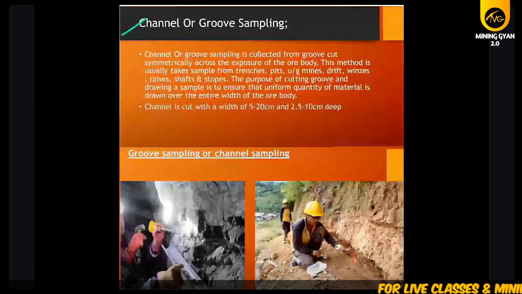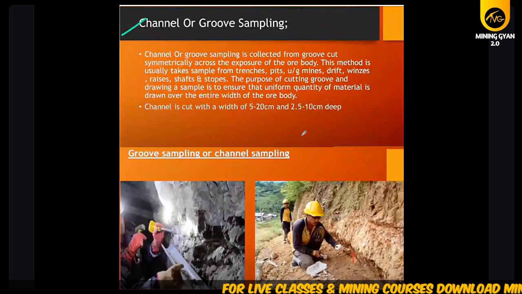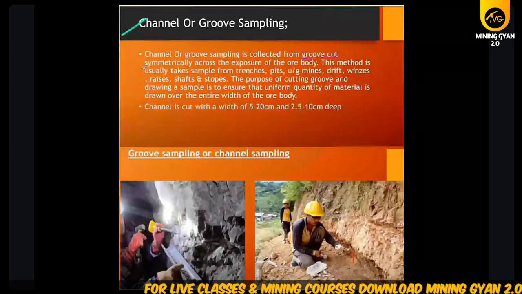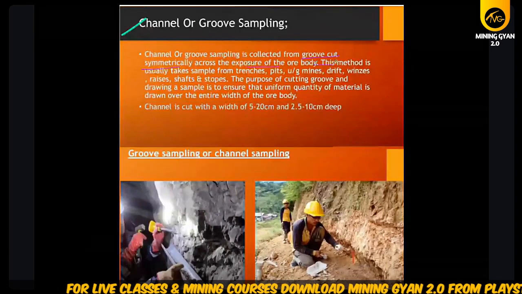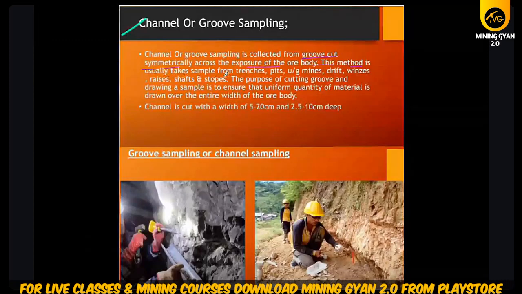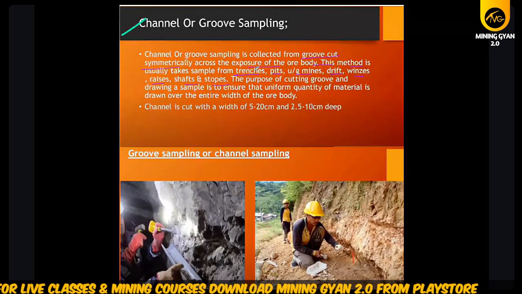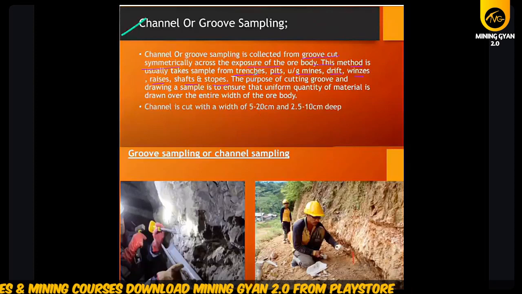Now come to channel sampling. In channel sampling, you collect from grooves cut symmetrically across the exposure of the ore body. This method usually takes samples from trenches, pits, underground drifts, winzes, raises, shafts, stopes. So you can collect the sample from various places.